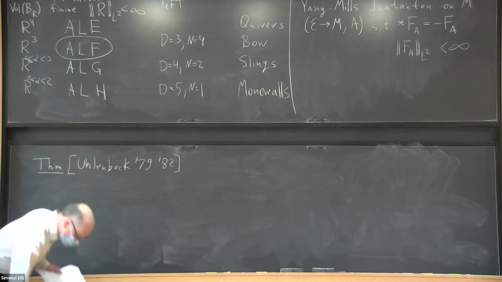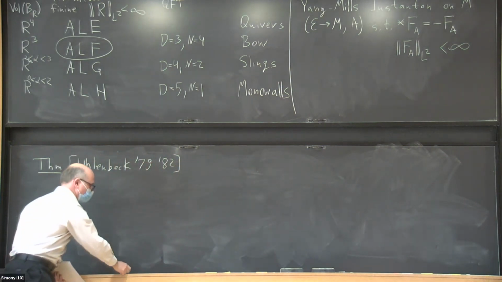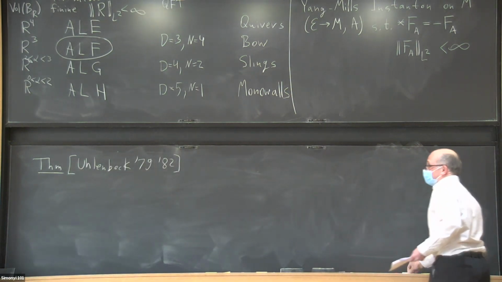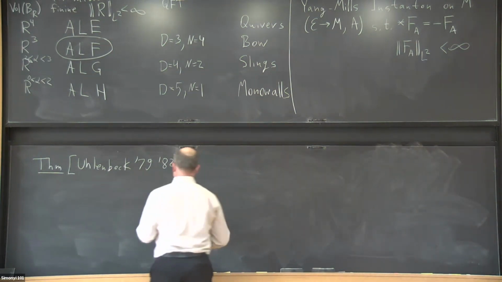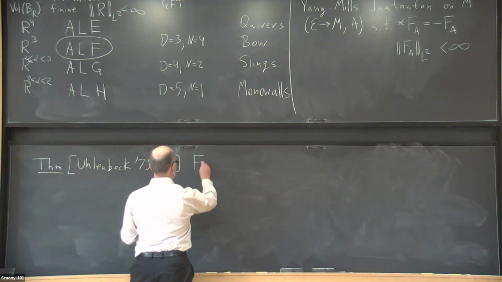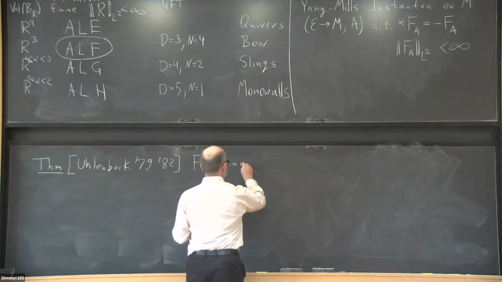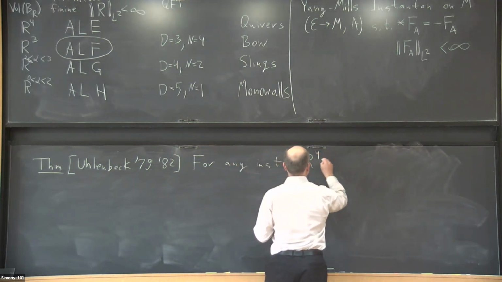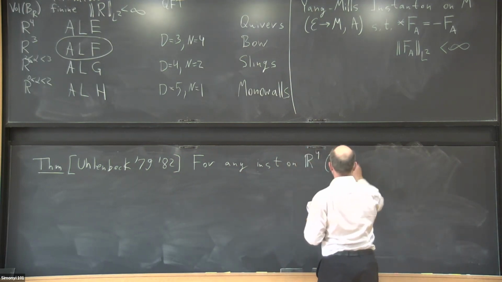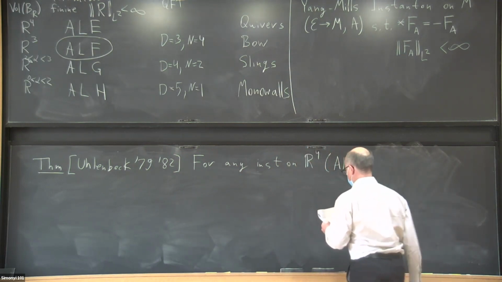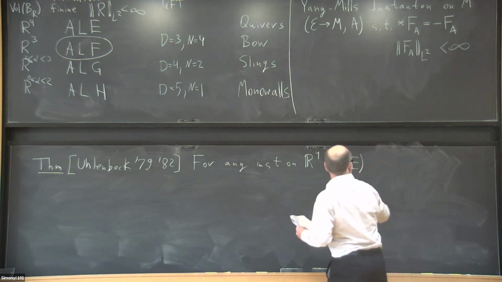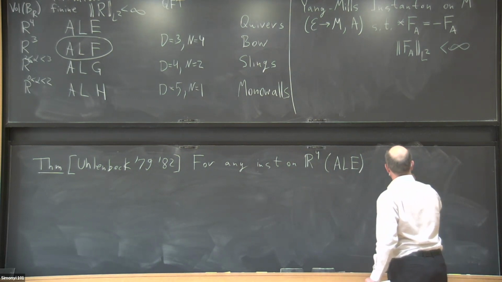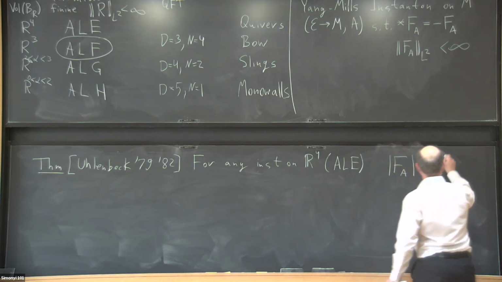It states that for any instanton on R4, there is a bound on the pointwise norm of the curvature, and in fact the pointwise norm of the curvature decays quadratically.